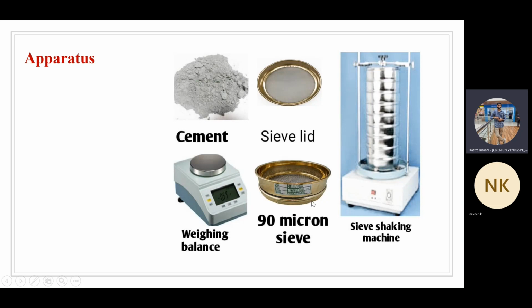And then we are going to take the 90 micron sieve along with the sieve lid. The lid is nothing but a cap for the sieve. And then we have the sieve shaking machine, or you can also manually shake it. There is no problem. You don't need the mechanical sieve shaker, especially when you are doing the test for cement. Manual sieving is sufficient.